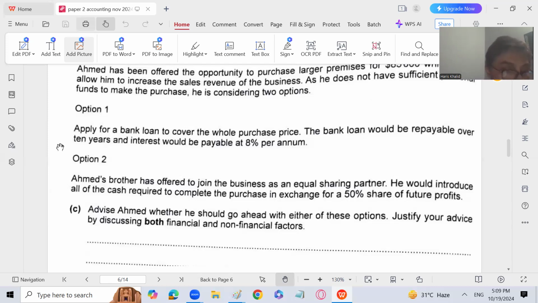The loan amount is not that high up till now. So we can consider the bank loan, which I believe is a much better option. Also, he will lose his control because he has to take decisions along with his brother, right?